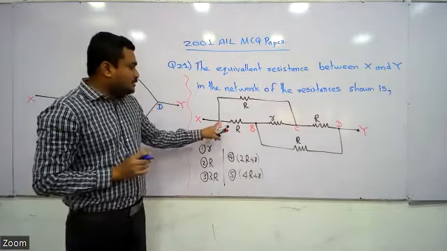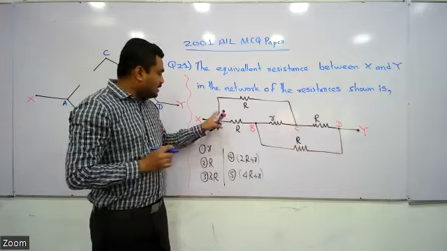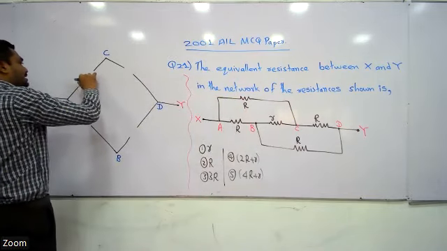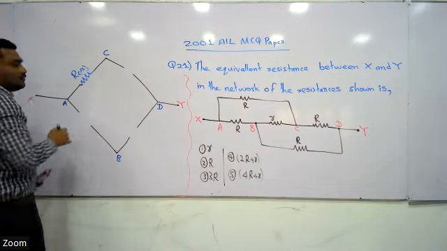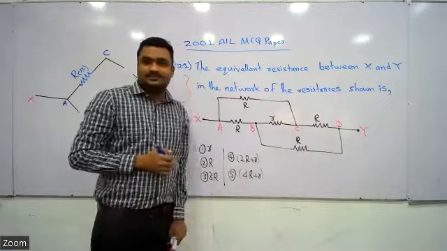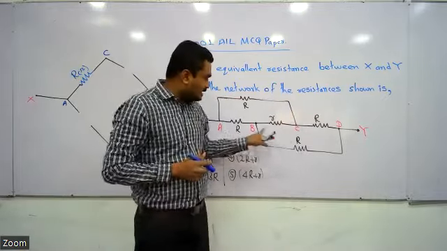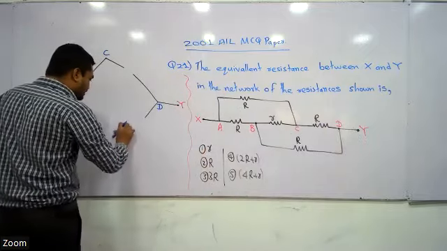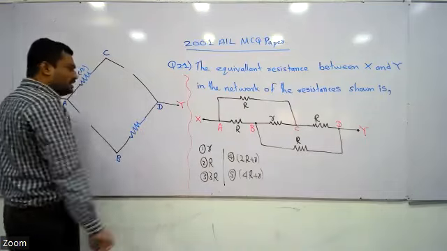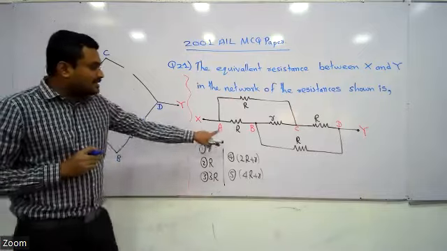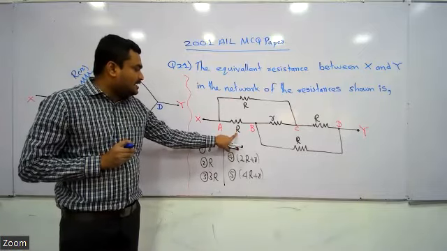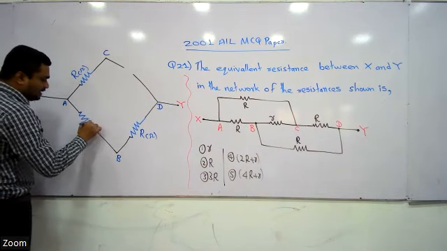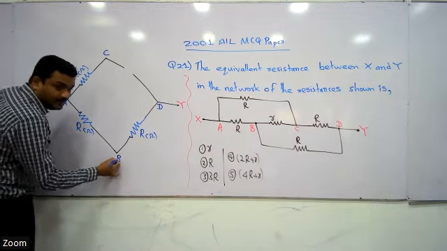And now, what is the resistance between A and C here? Resistance between A and C, capital R. A resistor of capital R ohm connected in between A and C. Similarly, another resistor capital R connected between B and D. There is another resistor capital R connected in between A and B. Clear?